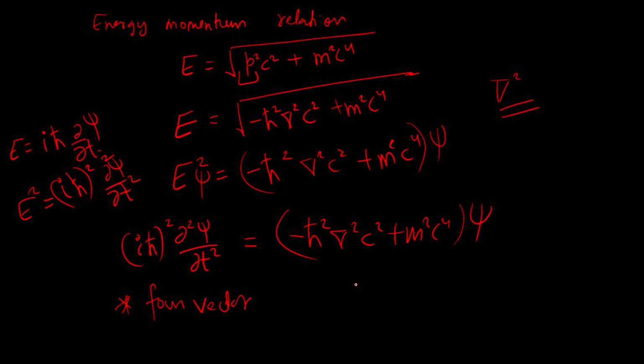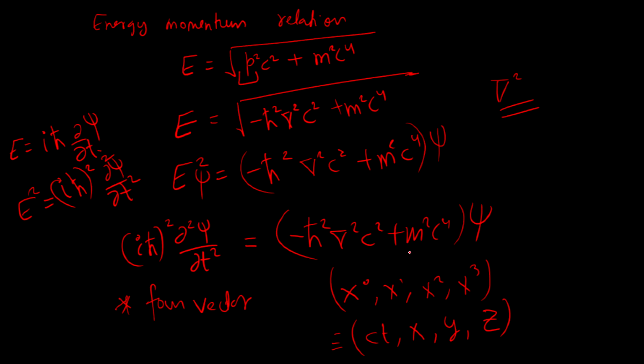Earlier we used to write the x, y, z axes. Now they have considered time as another axis, and they have written this as x⁰, x¹, x², x³, where x⁰ is ct, x¹ is x, x² is y, and x³ is z.